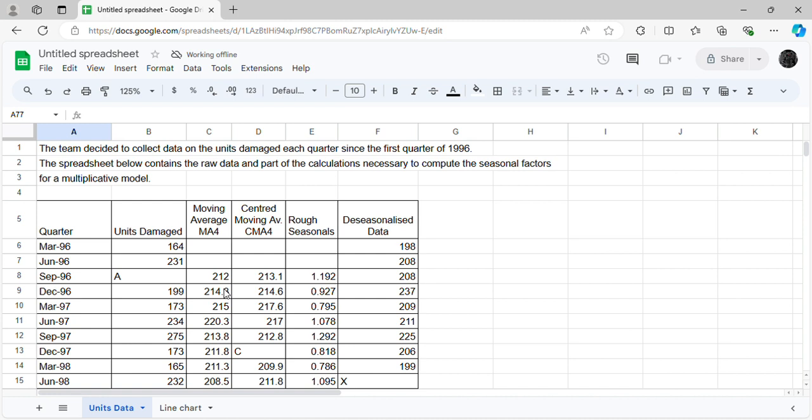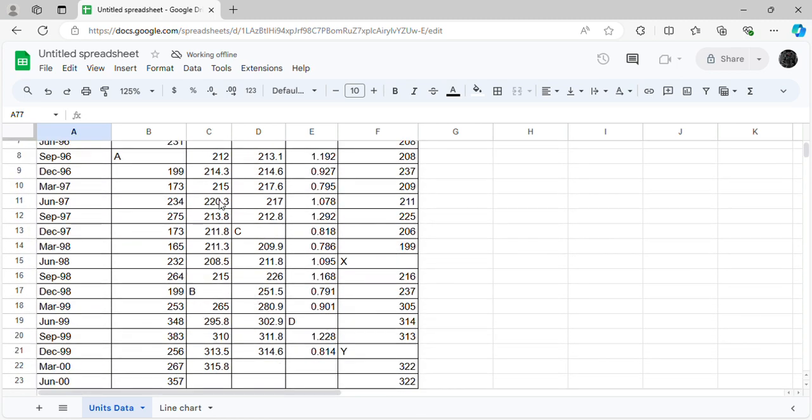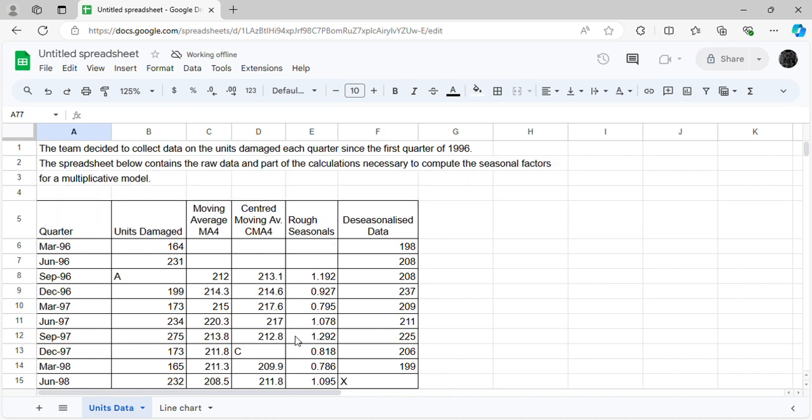The quarterly moving average is given. The centered moving average is also given. Rough seasonals are also given. Deseasonalized data is also given. Now we have to find the missing values, which are A, B, C, and D. So let's do that.